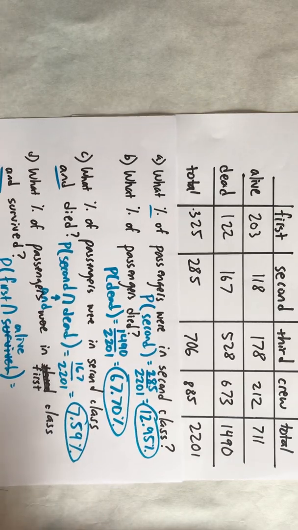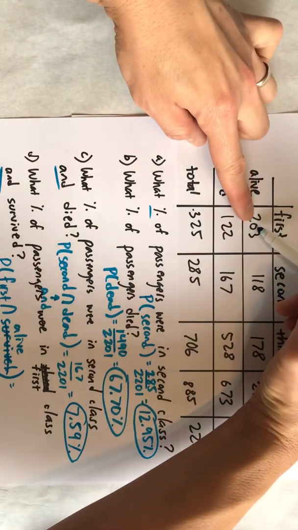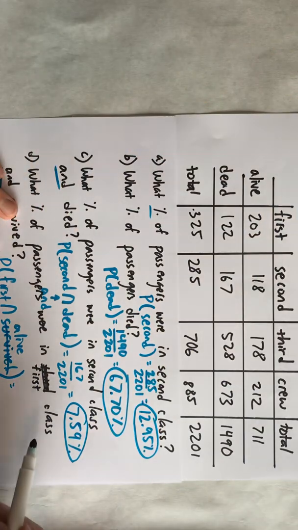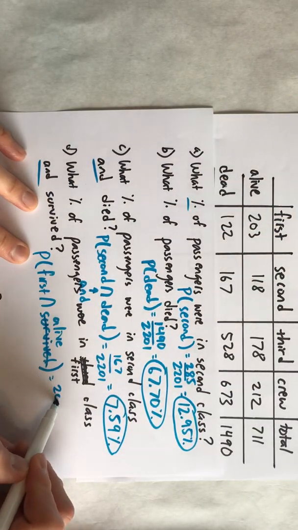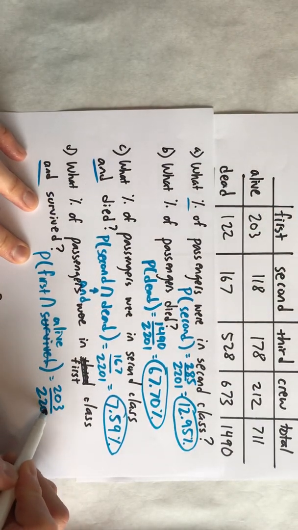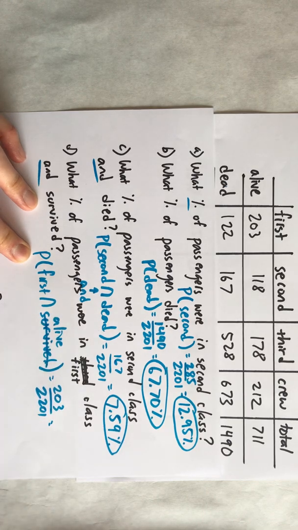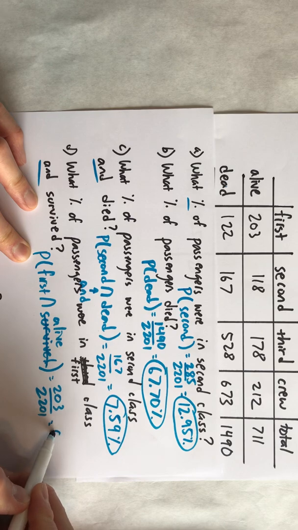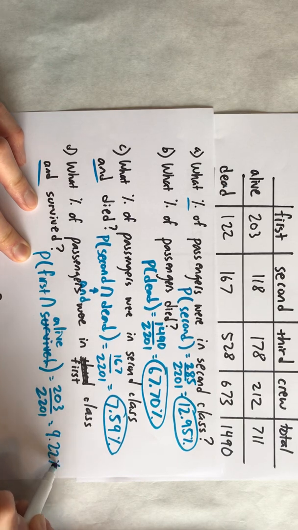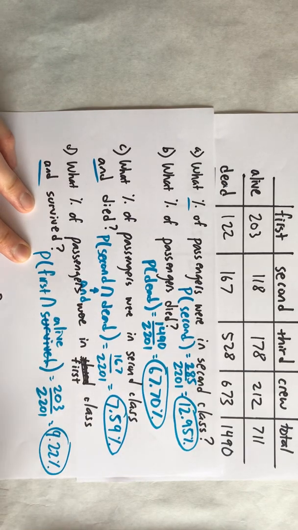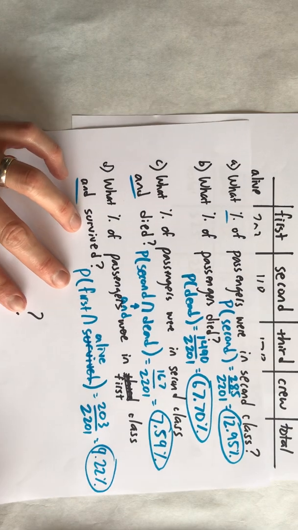Let's see, so first and alive, there were 203 over 2201. 203 divided by 2201, 9.22%. Okay.